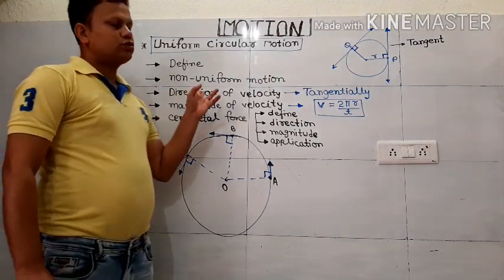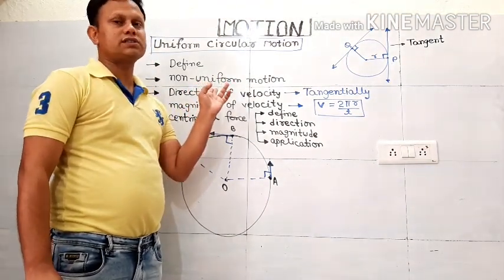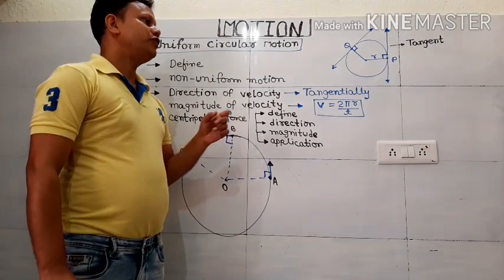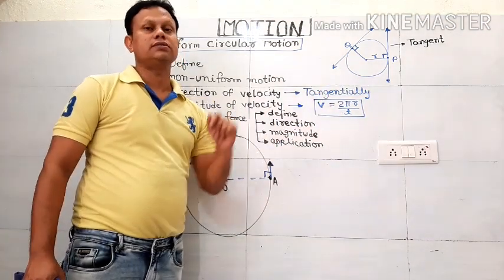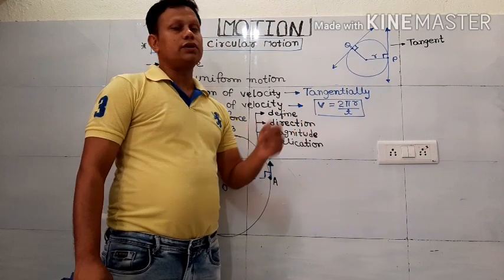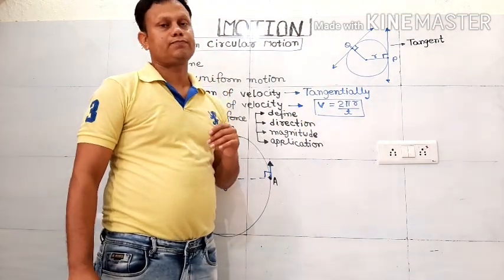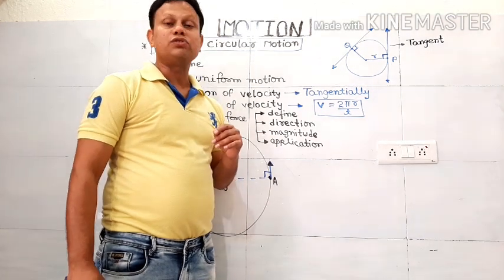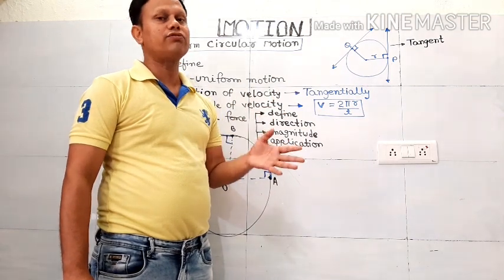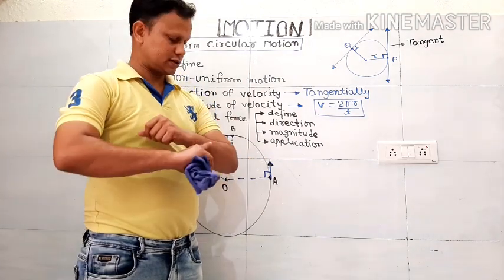To get the direction of velocity of an object moving on a circular path, we use the word tangentially. To understand this word, we have to understand some mathematical concepts first, and then it will be easy to decide the direction of a body moving on a circular path.